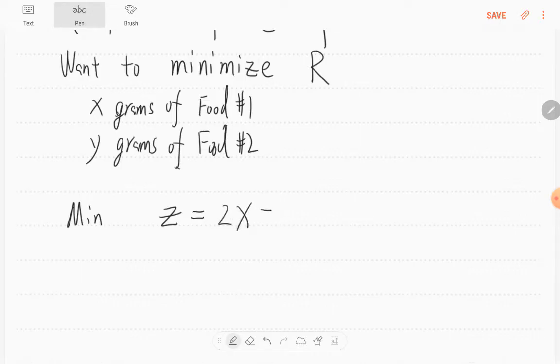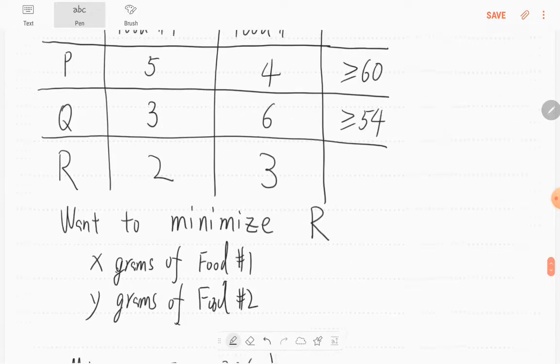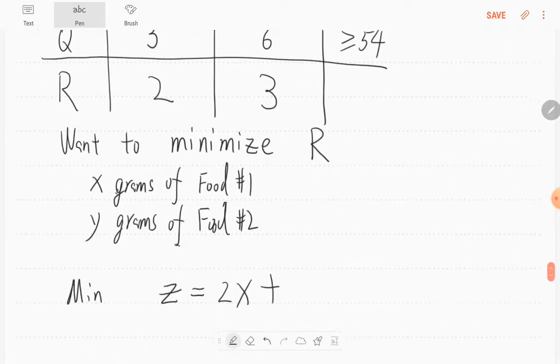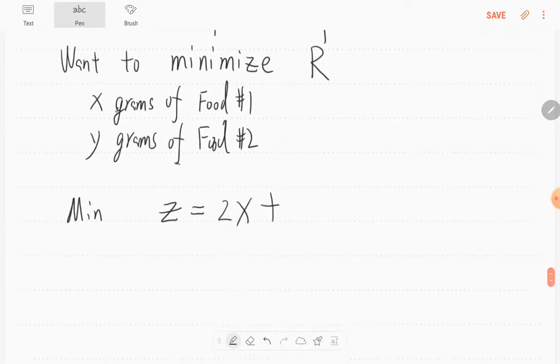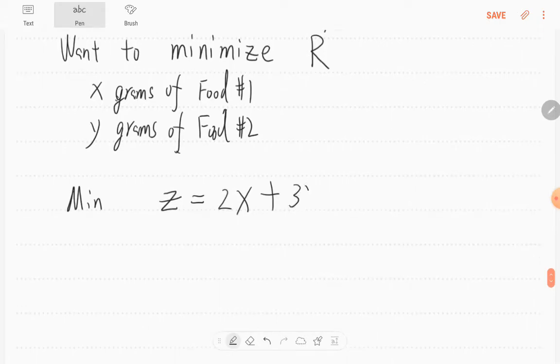Plus food number 2 contains 3 units per gram of substance R, so it's 3y. Together, that is the total substance R the pet will intake. We want to minimize this, which is Z.